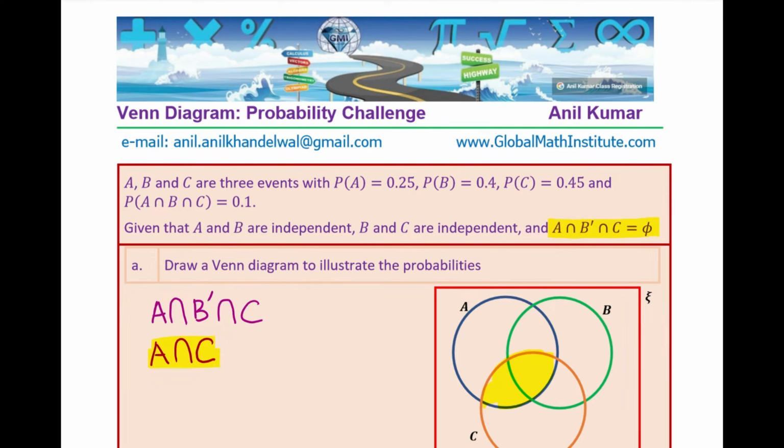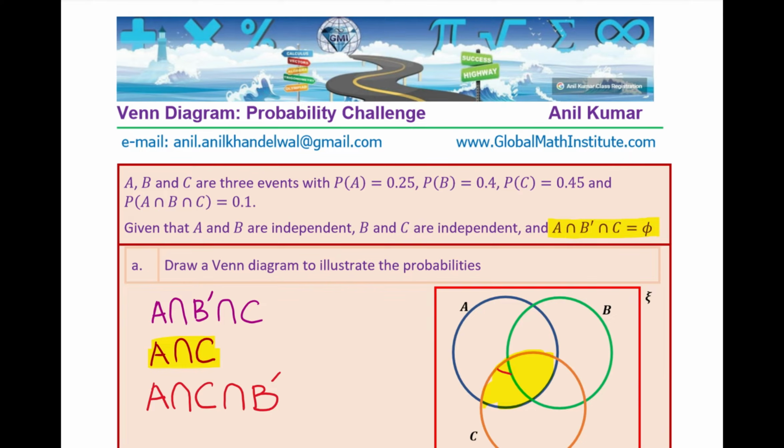Now what I want to do is to understand what is A intersection C intersection not B. Do you see how I'm getting to this? Not B means I have to take something which is not included in B, so outside B, that intersection.